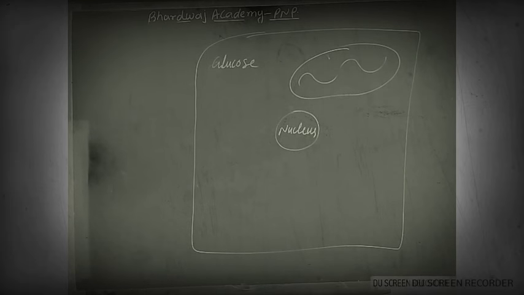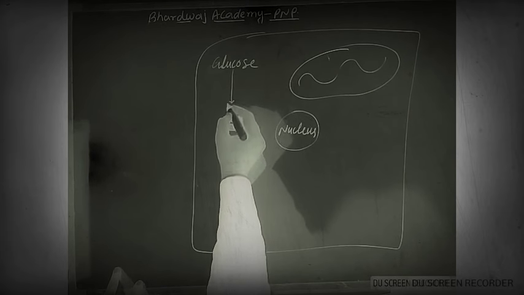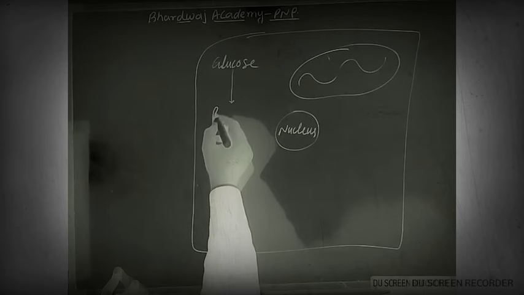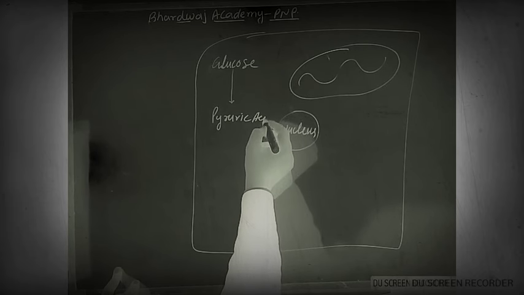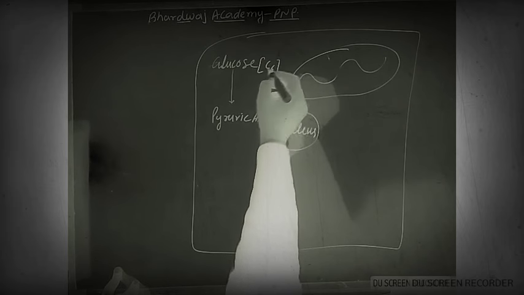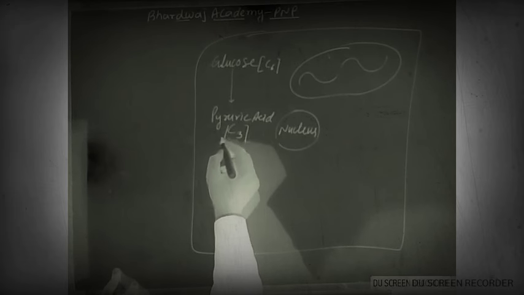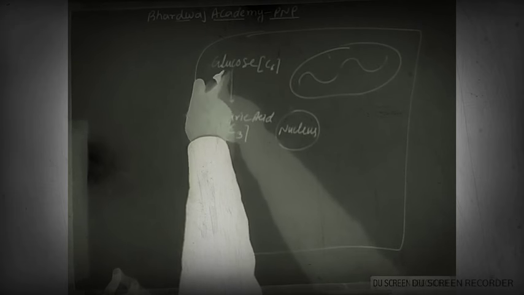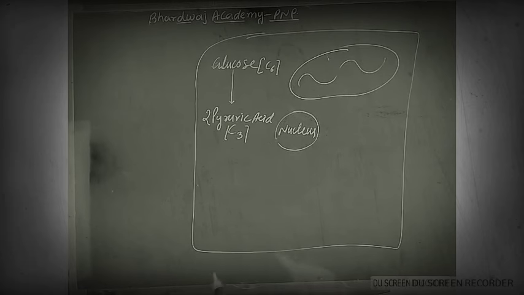In case of cellular respiration, first of all, glucose breaks down into pyruvic acid. A glucose molecule consists of 6 carbons, while pyruvic acid consists of only 3 carbons. So the breakdown of one glucose produces 2 molecules of pyruvic acid.